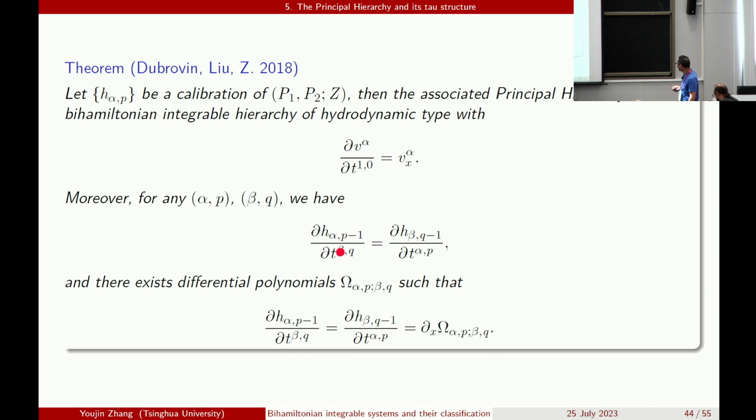Then this principal hierarchy possesses a tau function. These hierarchies are integrable. Integrable means that all these flows are commutative, and the densities of Hamiltonians given by this calibration are symmetric because they satisfy the tau symmetry conditions. And we can define 2-point functions.